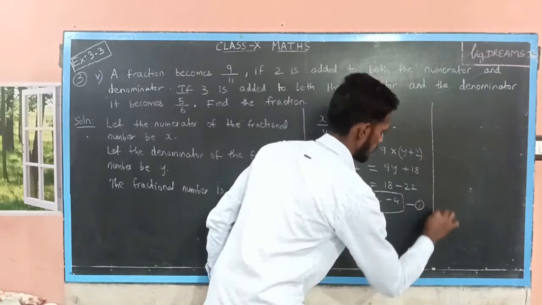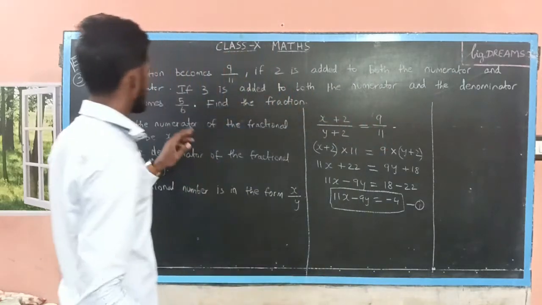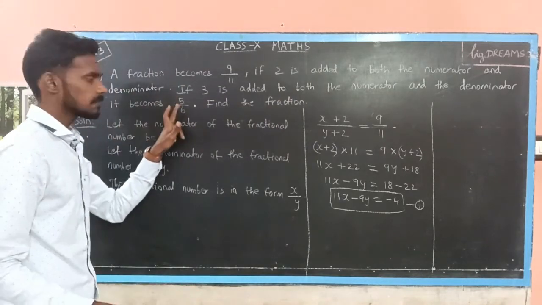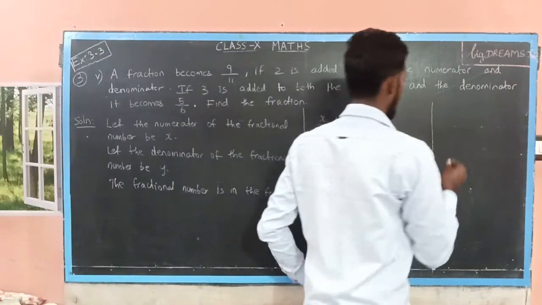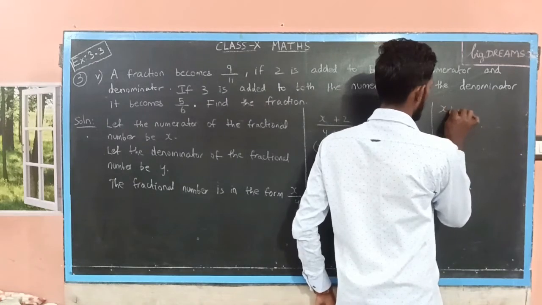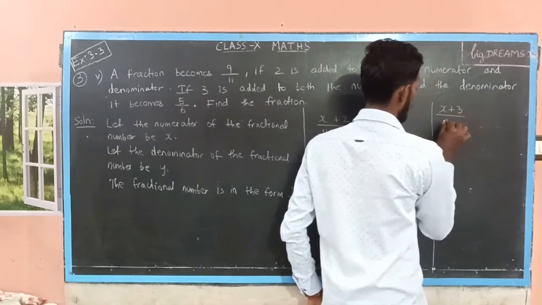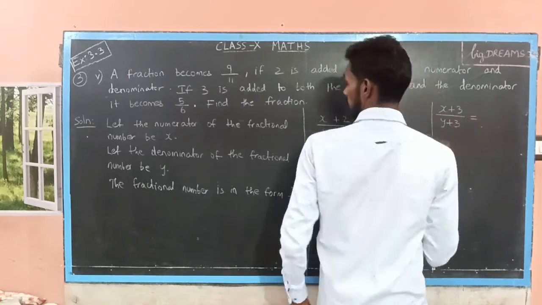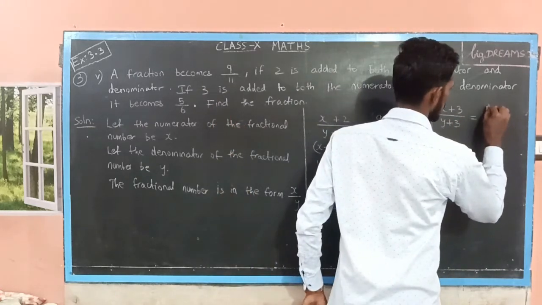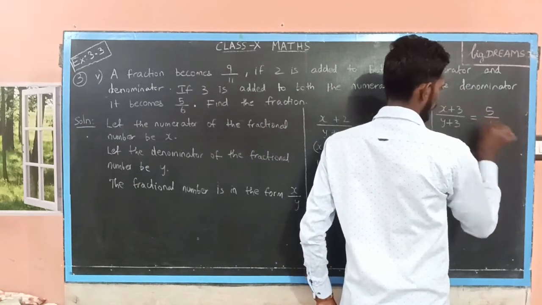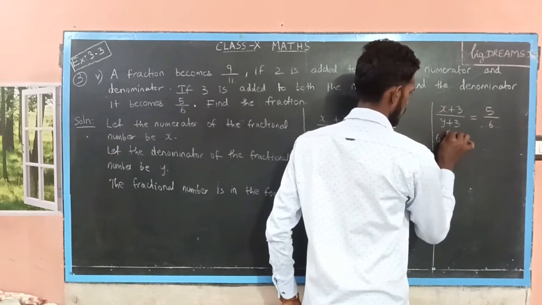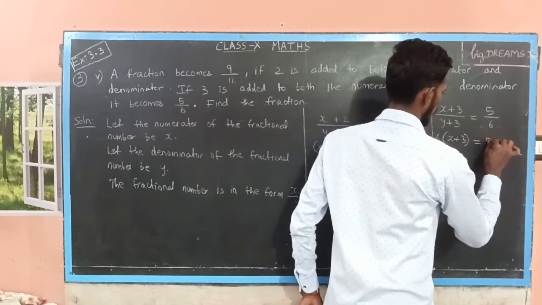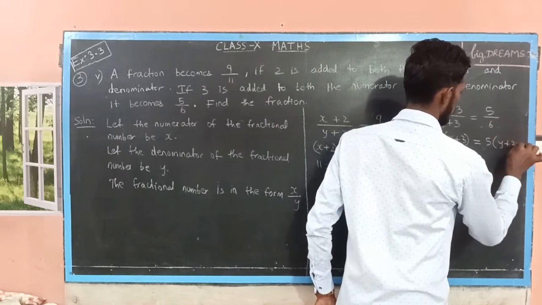Then see here, second condition: if 3 is added to both the numerator and denominator, it becomes 5 by 6. First let's add 3 to the numerator, that is x plus 3. Then add 3 to the denominator, that is y plus 3. It will become 5 by 6. Again cross multiplying, which is 6 into x plus 3 is equal to 5 into y plus 3.